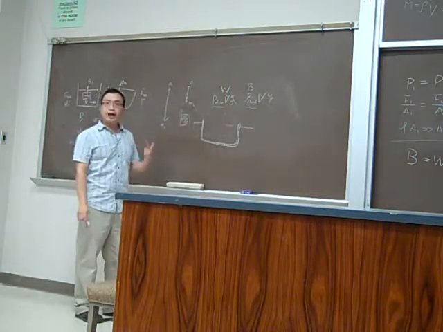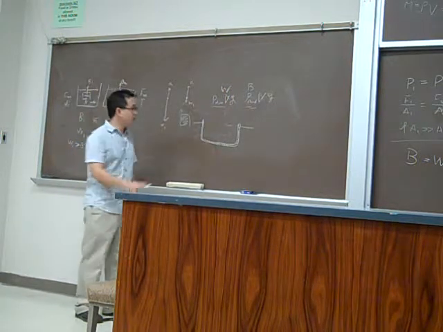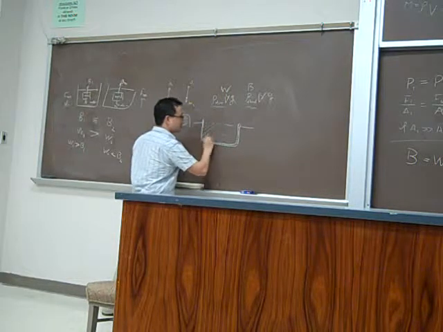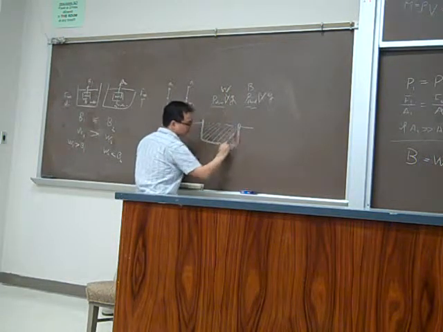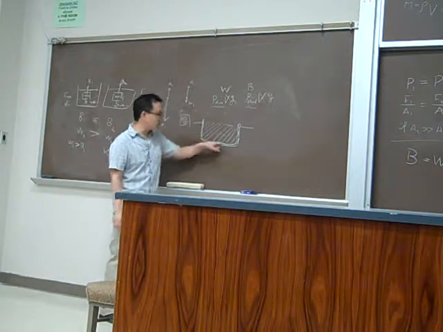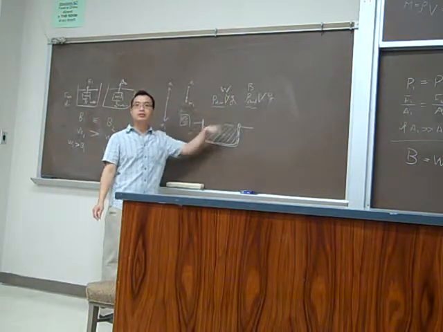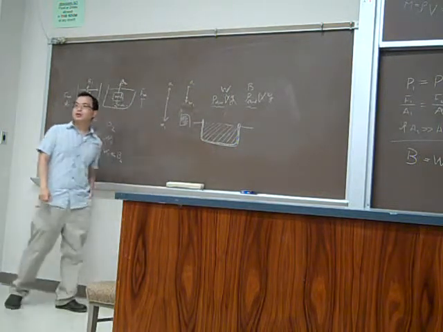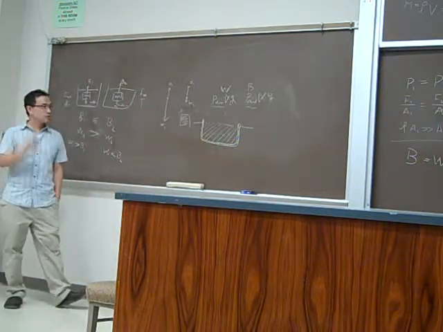But to calculate the buoyant force, please note the volume is this. So the displaced volume here is in fact much larger than the material volume in this case. So it can make a larger buoyant force.